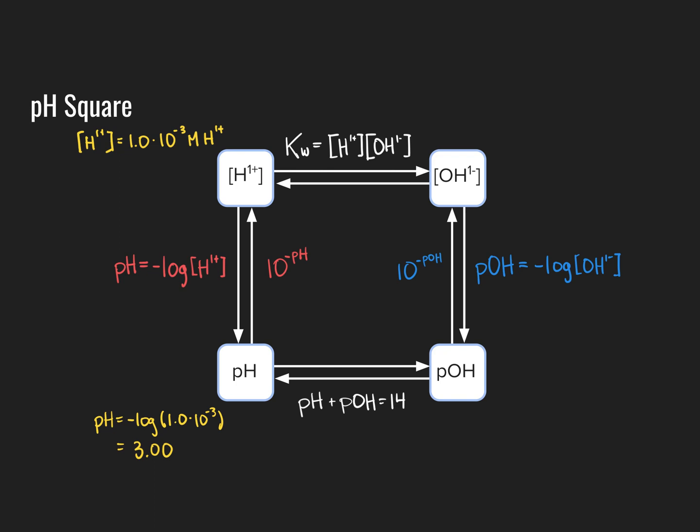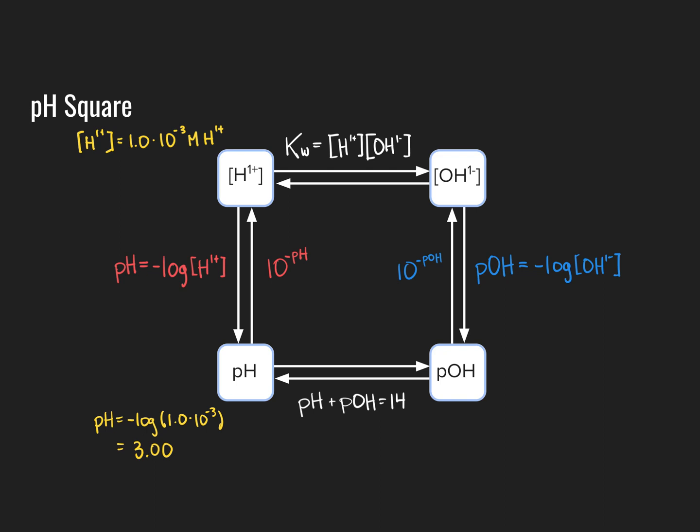Remembering that we would have 2 decimal places after the 3 right there, because looking at our significant figures rules, the 3 is actually coming from the exponent power of our concentration and therefore does not count as one of the significant figures in our pH. So 3.00 with the 2 zeros being the significant figures after the decimal place for that pH.